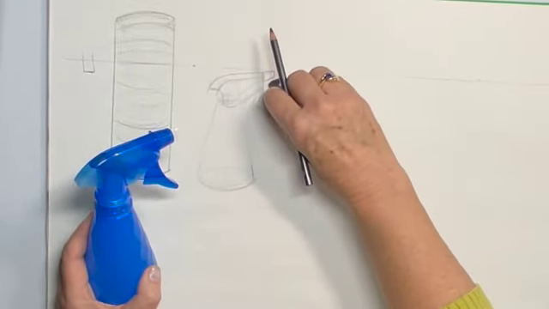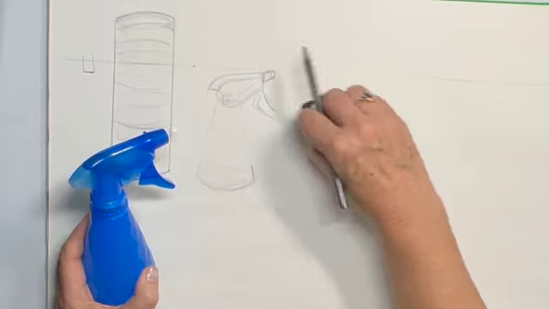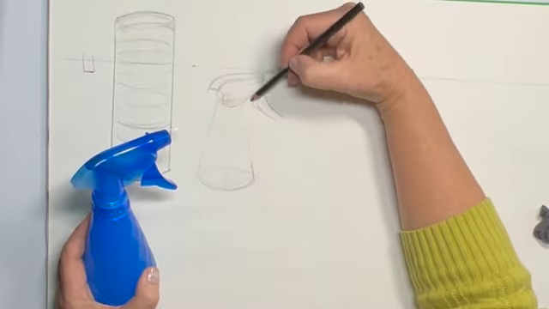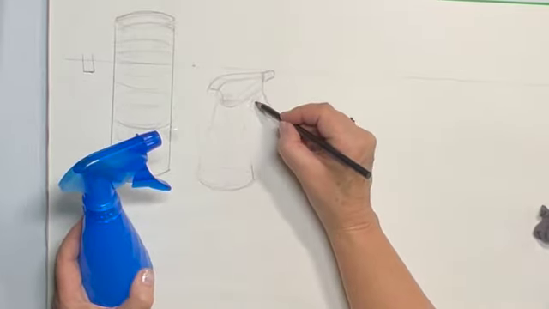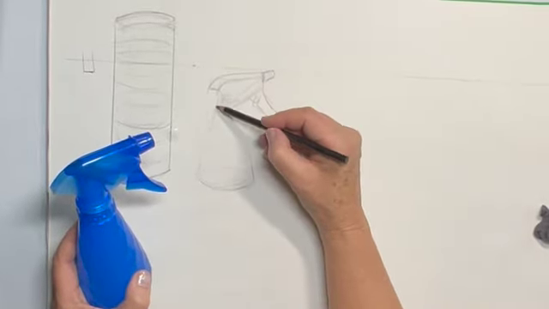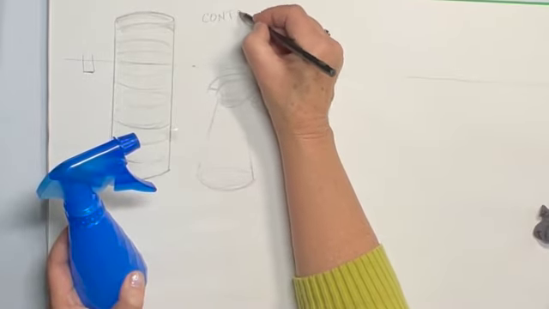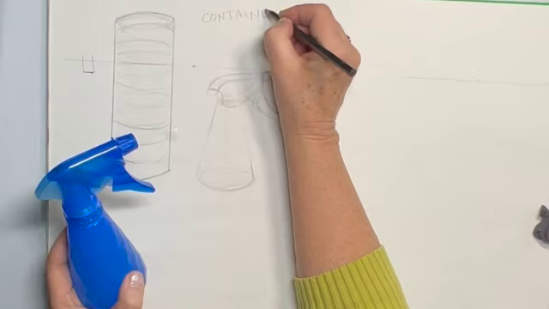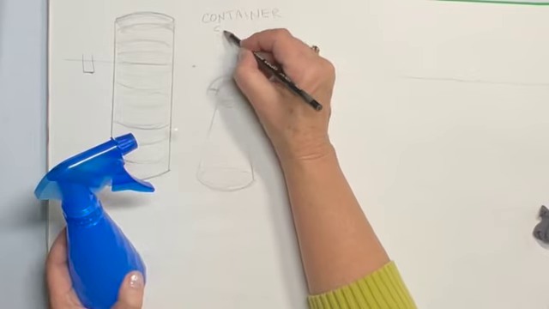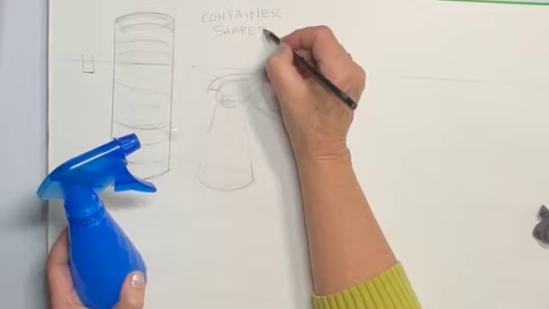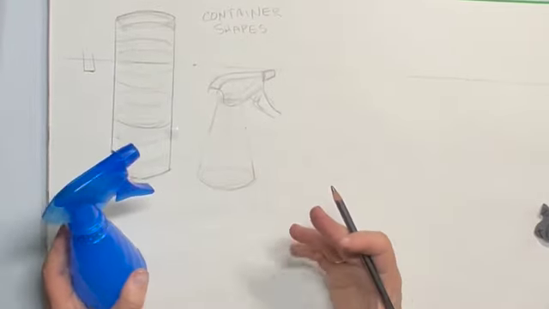But you can see how we use our basic shapes of the cylinder, of the cube, of the cone, and we call these container shapes. Because we actually put these objects within the containers that we know.